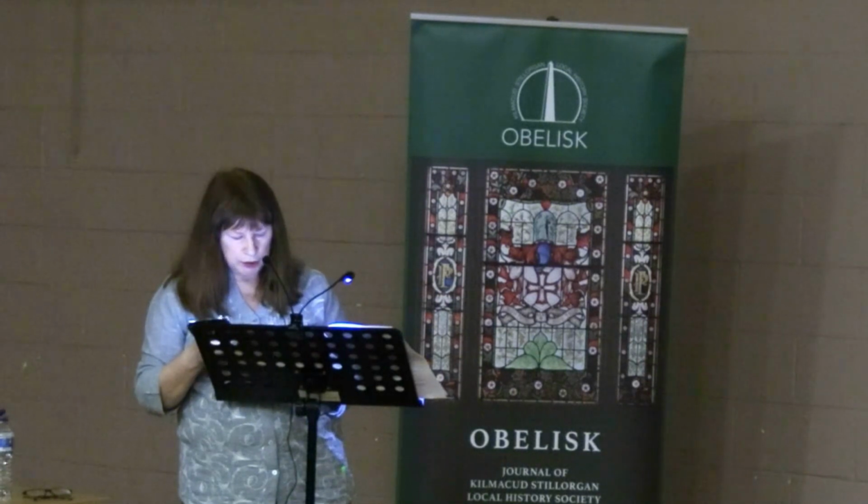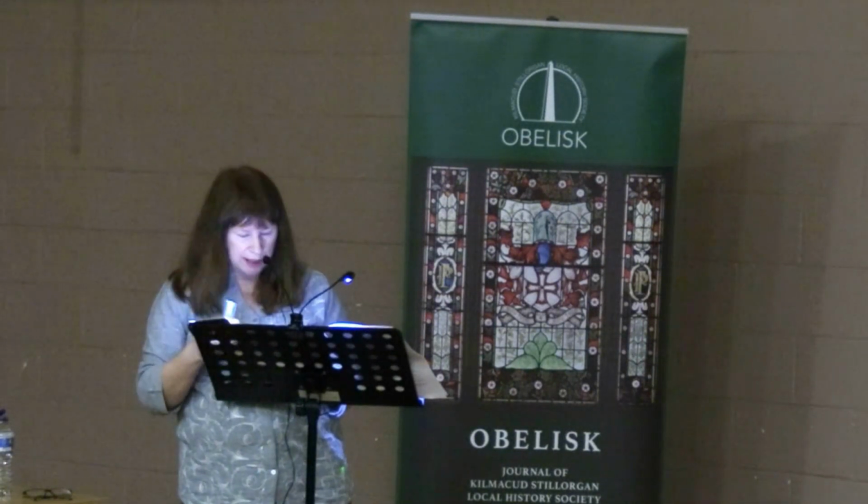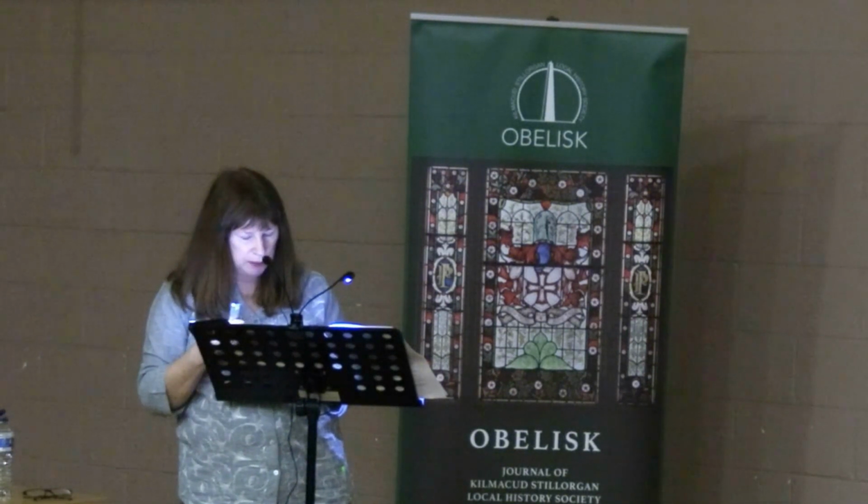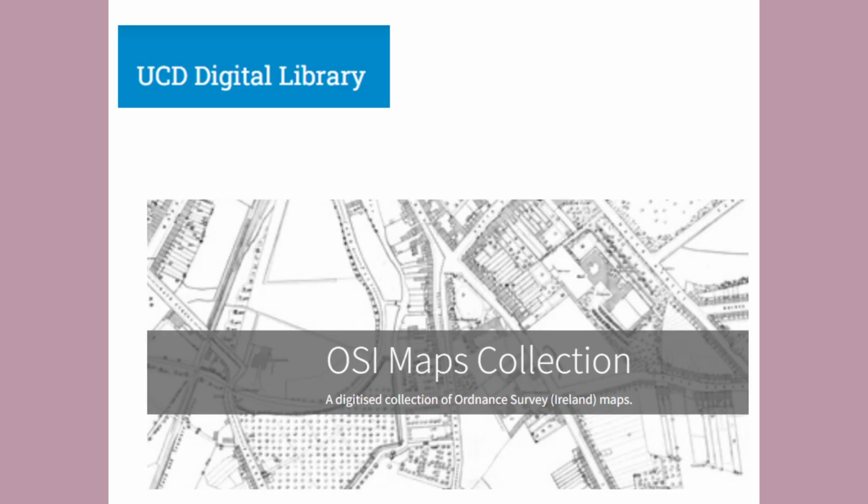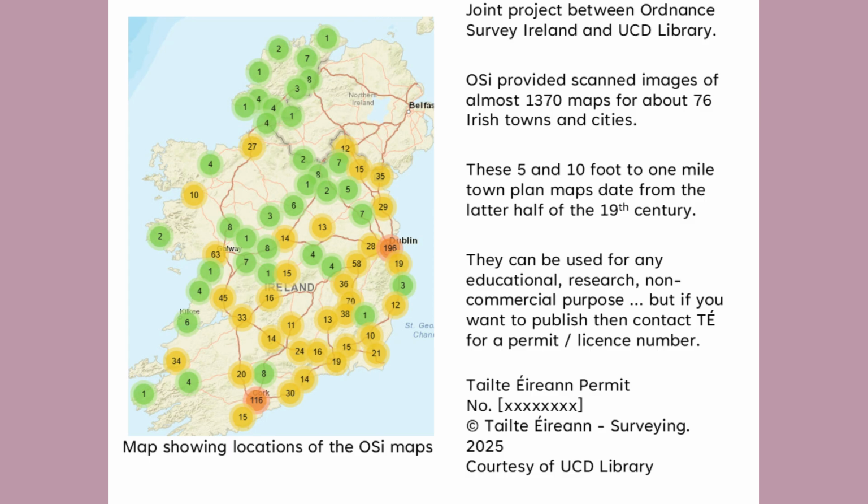So when I was introduced by Muireann, the UCD Digital Library was mentioned. I do have a preview of our new viewer, which I can show you. It will have a background map like this, where all of the maps that are available in the collection will be shown with these coloured circles, which you can zoom in on.